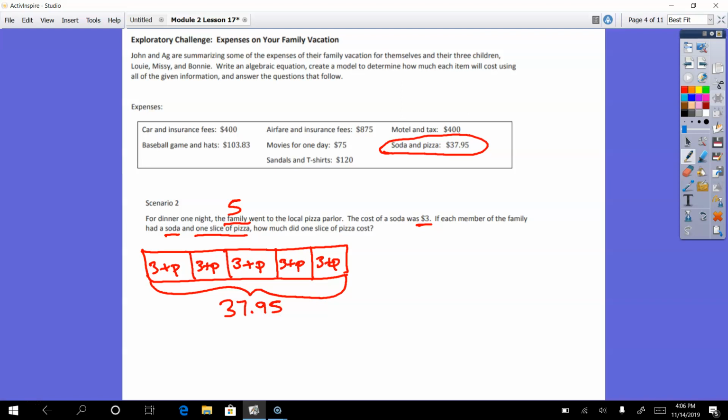Okay, so 3 times 5 is 15. So then $37.95 minus 15, line up your decimals, dollars.